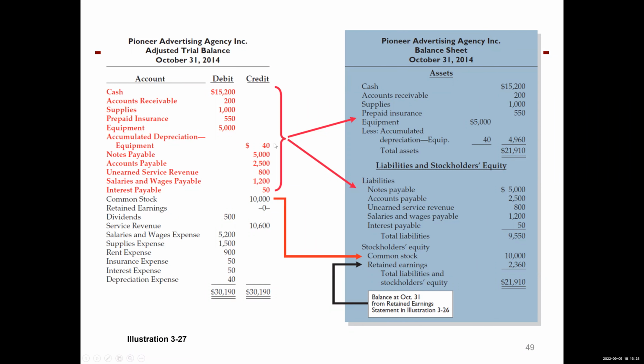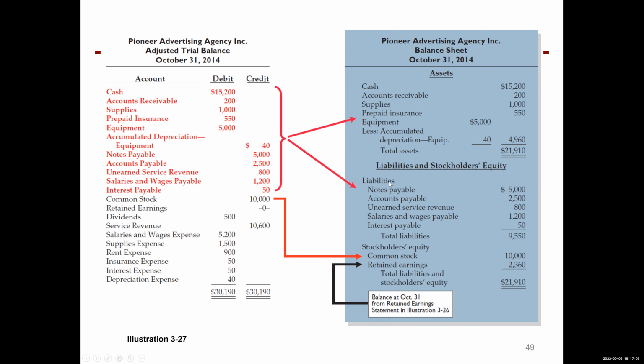It's a contra asset account that is put on the balance sheet. So this is how you do it: equipment less accumulated depreciation of 40. We subtract the 40 from the 5,000 to get our book value of 4,960. We bring the equipment and the accumulated depreciation in the inner column because we want to net them together, and the book value will bring over. Then we can add up all of our assets.